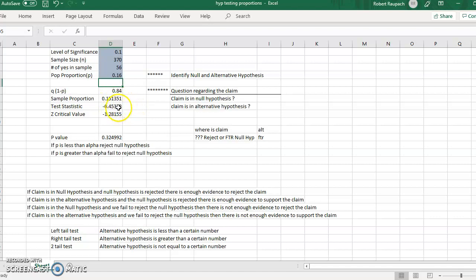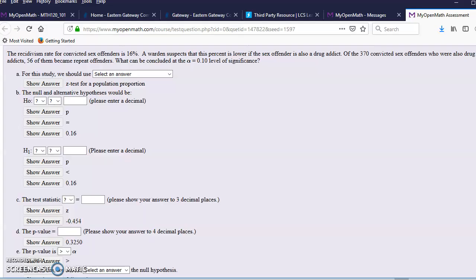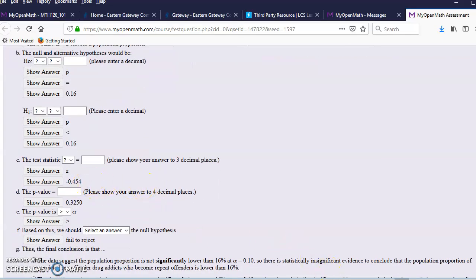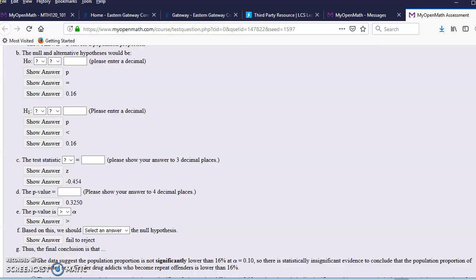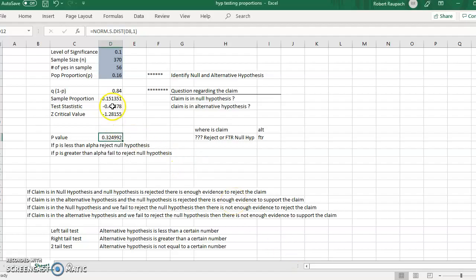So the test statistic is negative 0.454. You don't need to know the Z critical value here, but this spreadsheet will accommodate both using the Z critical value and the test statistic with the P value. From the test statistic value, we find the P value, which based on this test statistic is 0.325.